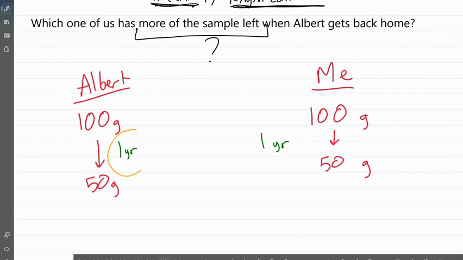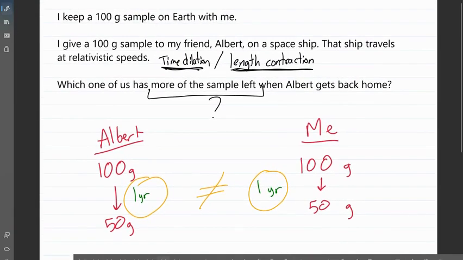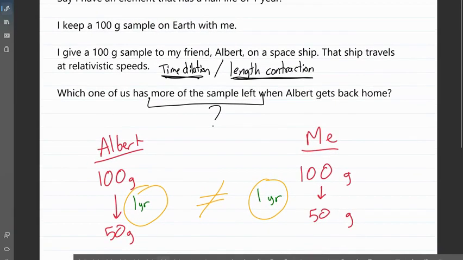But here's the thing: a year for Albert and a year for me are not equal. Albert is moving very quickly. Albert's the one on this rocket ship. I see Albert experiencing less time than I am.